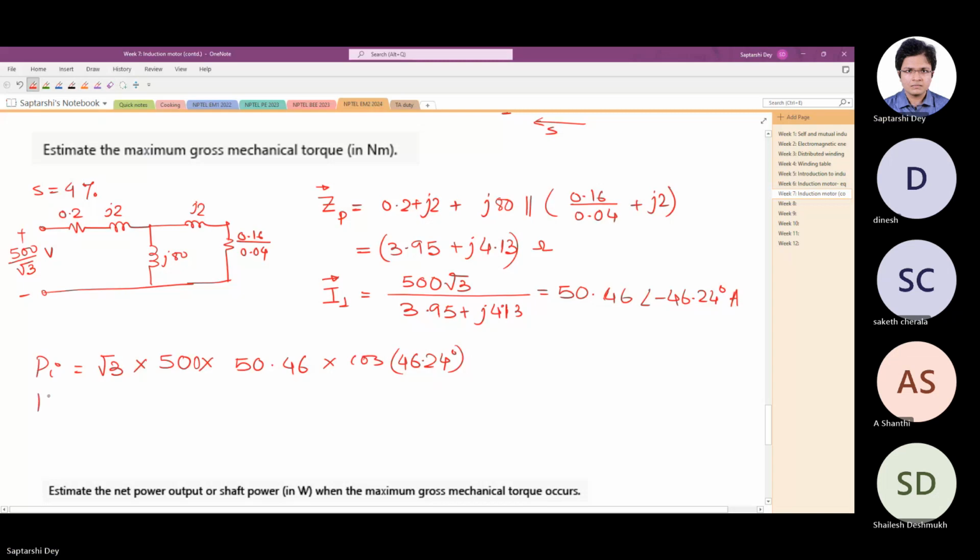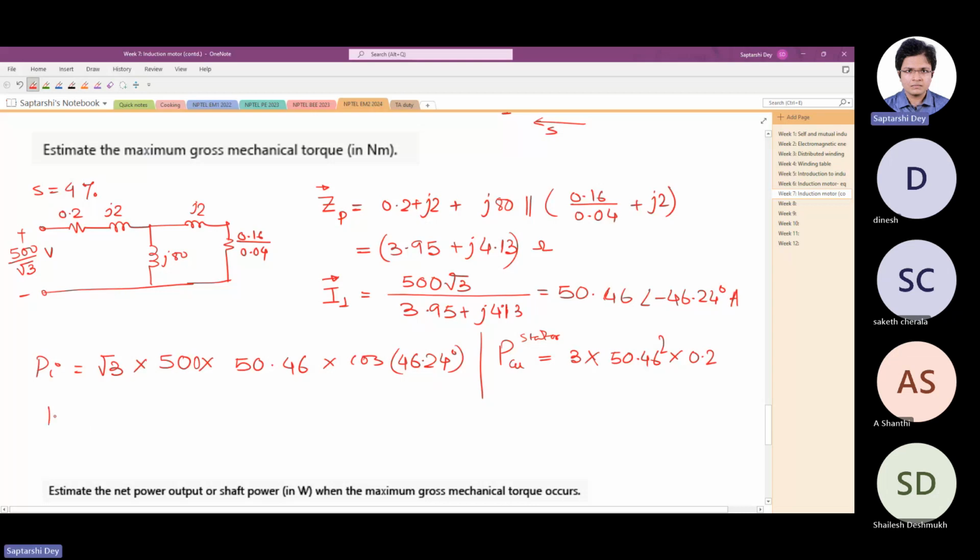And the copper loss in stator is 3 times, so to get the loss of all 3 phases I'm multiplying by 3. Okay, so 50.46 squared times 0.2.